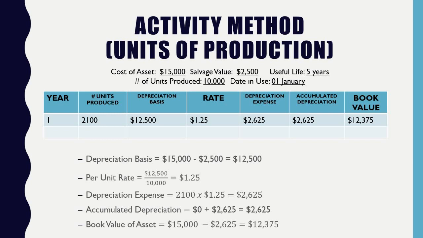Okay? So in this case, when we're looking at activity-based or units of production, it's going to be based off of the capacity that a machine can produce, right? A good example would be a truck. If we can determine how many miles a truck can drive, therefore, let's say this year I drove 5,000 miles.